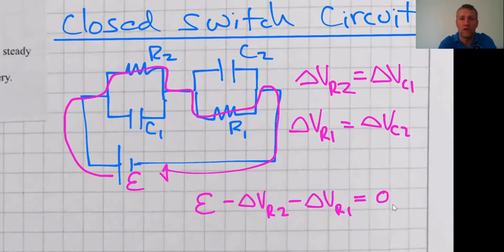Once the current is allowed to come back to a steady state in this configuration, steady state means that the capacitors have readjusted themselves and the current's not changing anymore, right? It's steady. Once that happens, this pink line that I drew will be the path of current. There's not going to be any current flowing across a capacitor, right? When it's in steady state, the capacitor is going to be charged.